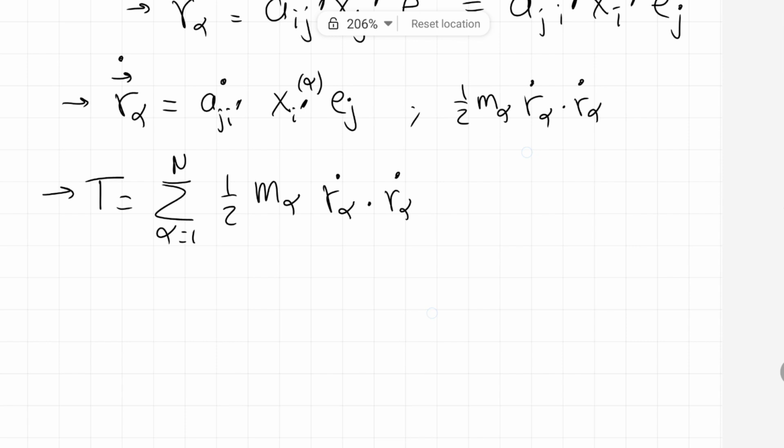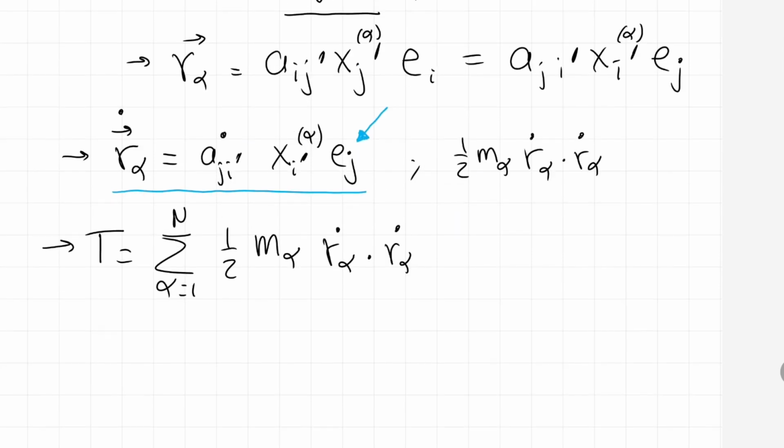Look, when we substitute this velocity that we found, we will have an ej dot ek, for example. We will have the dot product between components of the orthonormal basis that we defined, and the dot product of an orthonormal basis will be equal to 1 if they are equal, or equal to 0 if they are different.